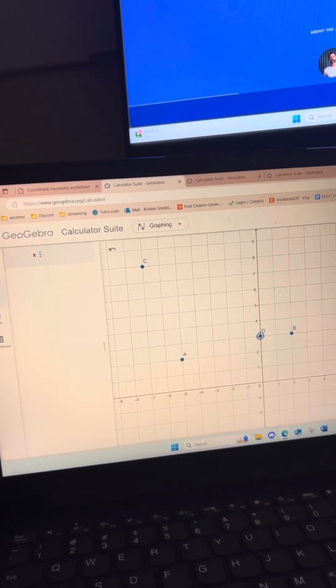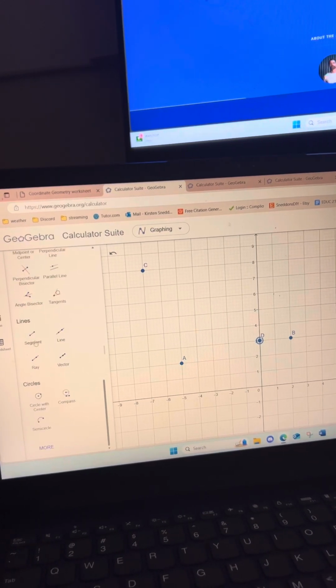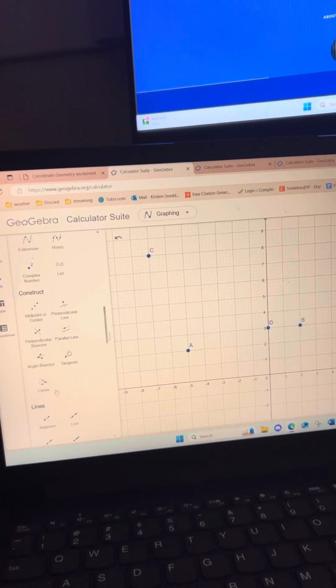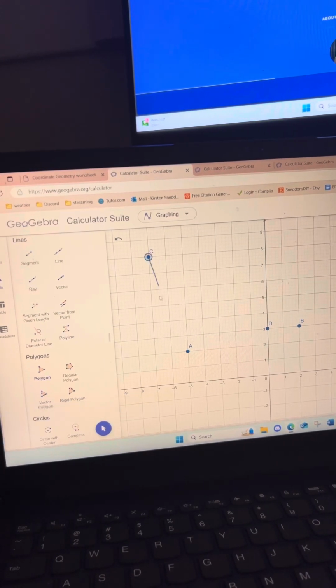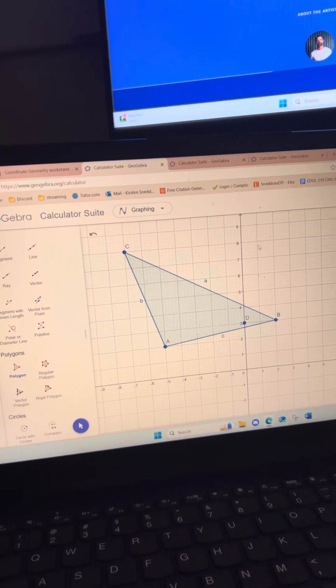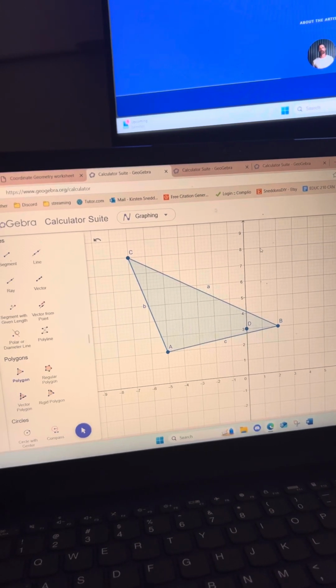And it does not. It would have to be like over here to make a rectangle.